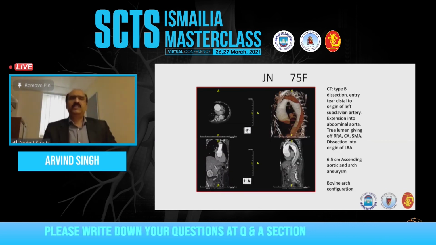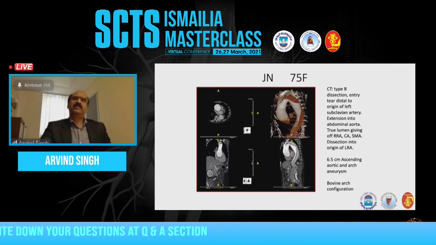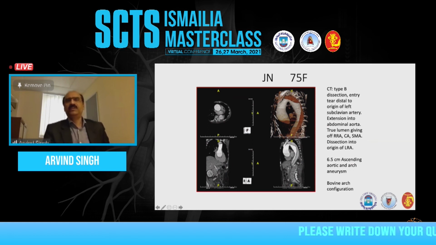patients. So here's a 75-year-old female who had ascending aortic aneurysm and type B aortic dissection. She actually presented with type B aortic dissection. We controlled her blood pressure, managed her medically. However, there was almost a 6.5 centimeter ascending aortic aneurysm.